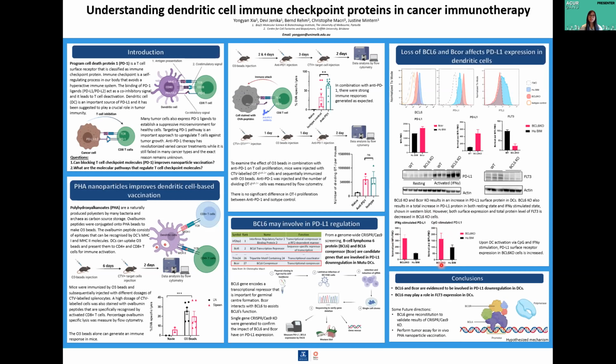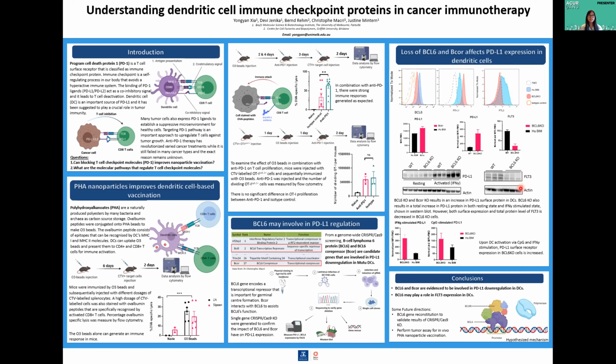So as we see in those 2 graphs, upon both interferon gamma and CpG activation, we see an increase of PD-L1 surface expression as we expected. And interestingly, if we look at this graph here, we also see FLT3 expression is significantly reduced in BCL6 knockout cells, and also in protein level as shown in this plot here.